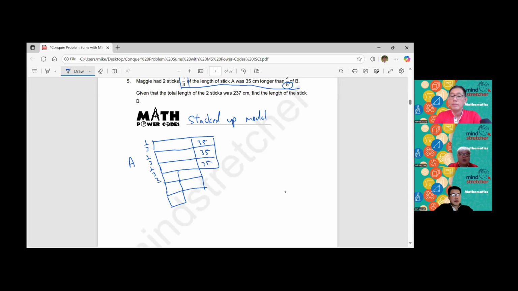That means this is 2/5, 2/5, and the last one will be 1/5 of stick B. So this portion will be for stick B only, and this portion here will be for stick A. So far, is there any problem with the model? Do you understand how this model works?